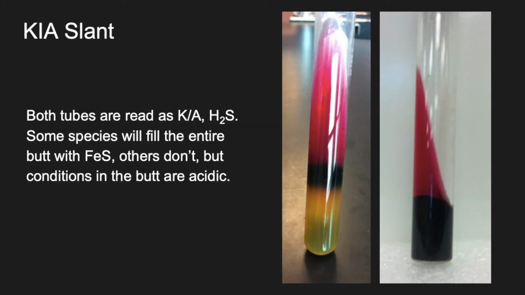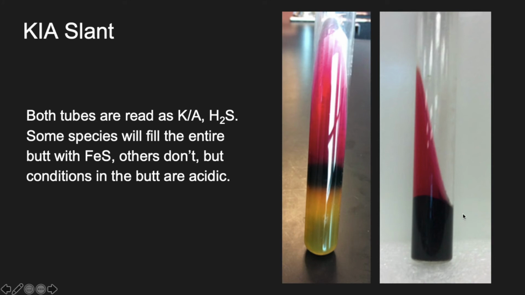So here's another picture, just a different variation of what a KIA slant might look like, the results. So both tubes you would read as K over A because the slant itself is red, therefore it's alkaline, it's K. And then in this first tube especially, you can tell that the butt is yellow. However, in the second tube, you can't see the color of the butt, right?